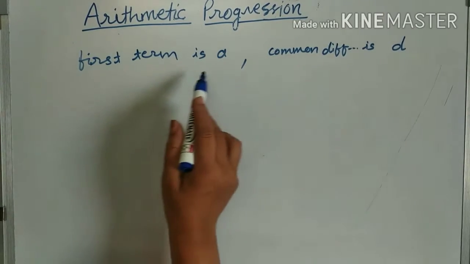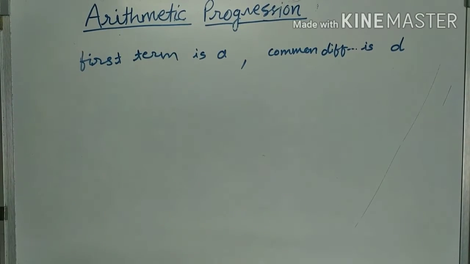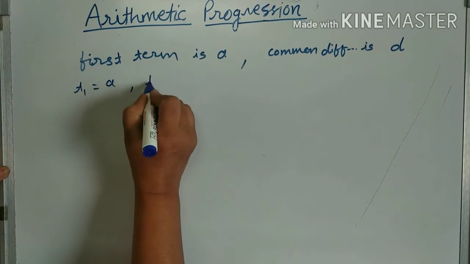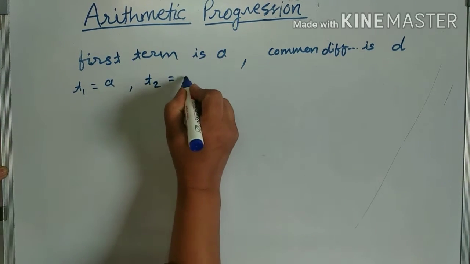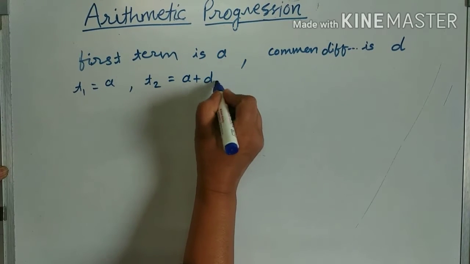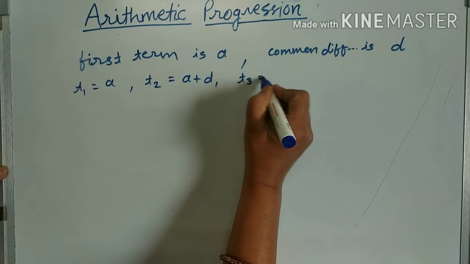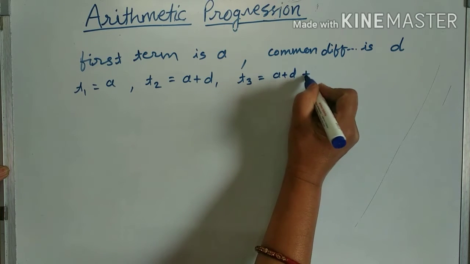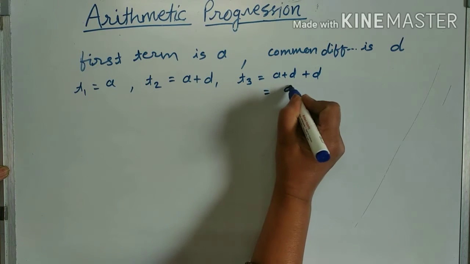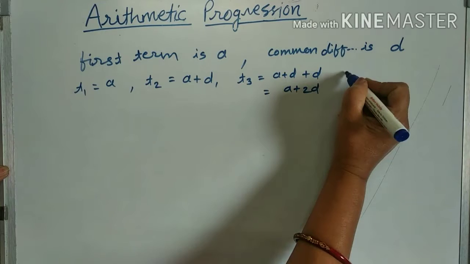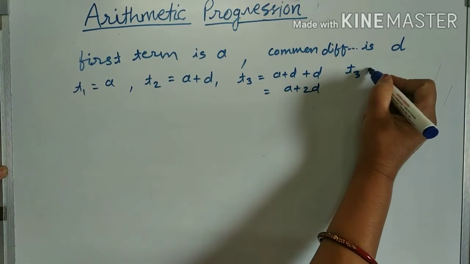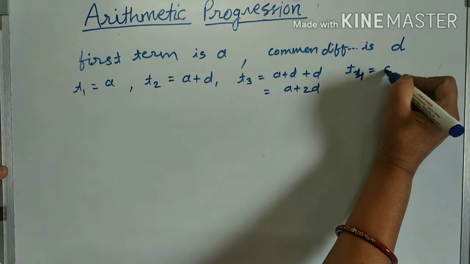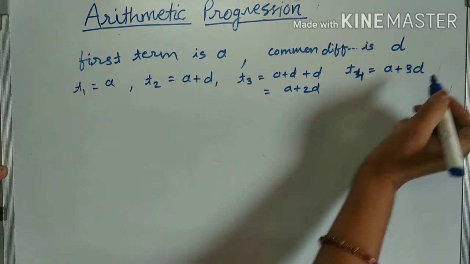Here we get the next term by adding the common difference to the previous term. Now if first term is A and common difference is D, then T1 equals A. T2, the next term, equals A plus D. T3 equals second term A plus D plus common difference D, equals A plus 2D. T4 equals A plus 3D.